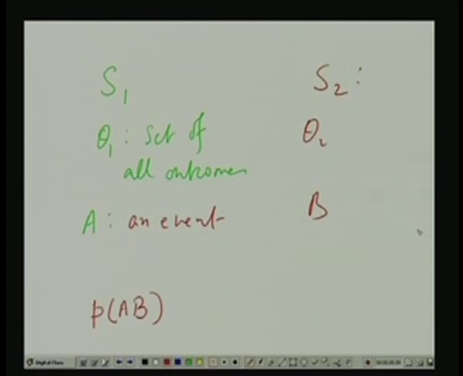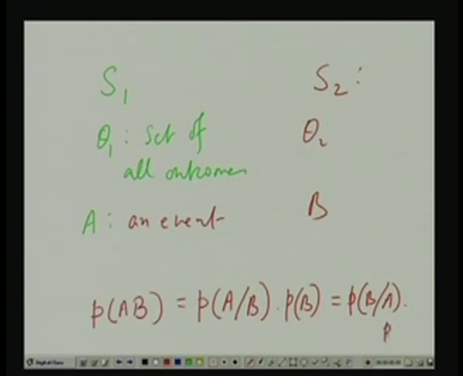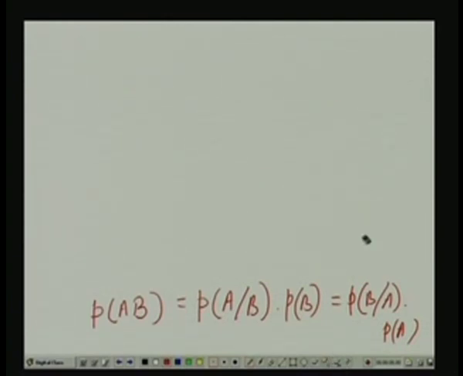What was the probability of this joint event? That we had seen was given by P A by B into P B, which was equal to P B by A into P A. In case you have forgotten, we can also see how it comes.